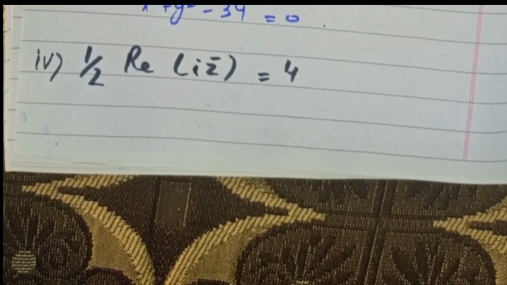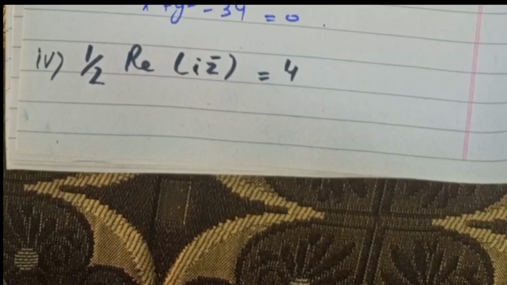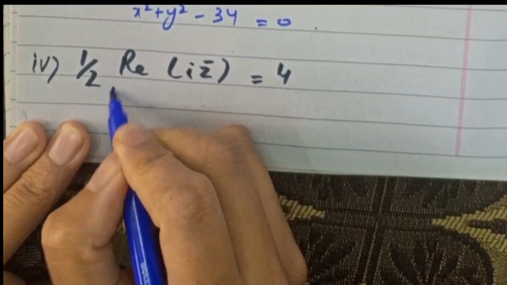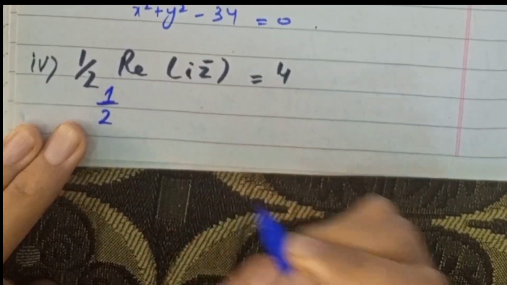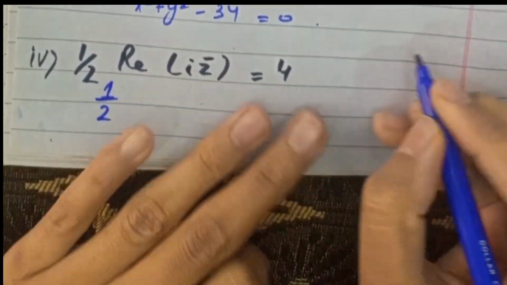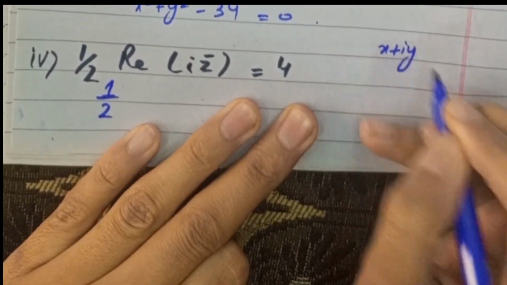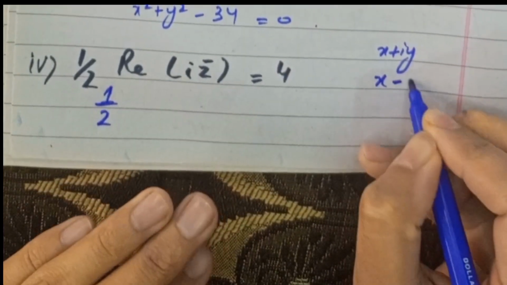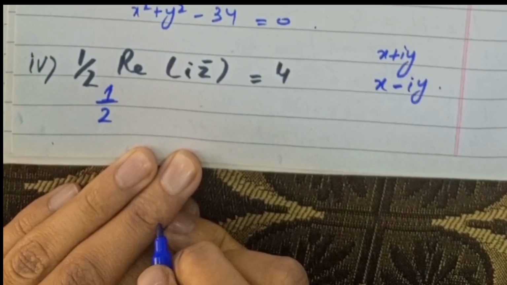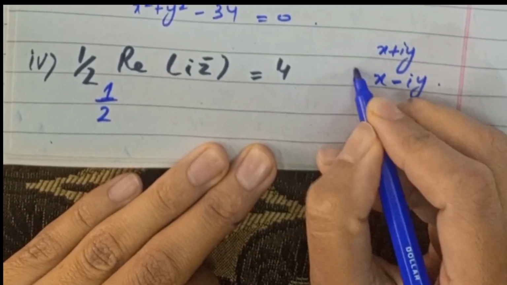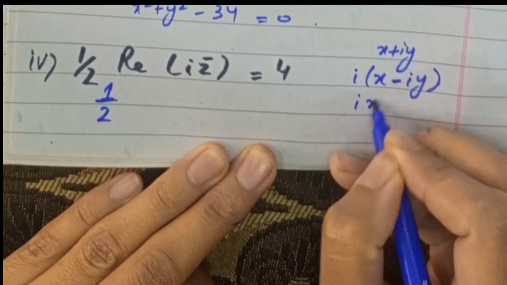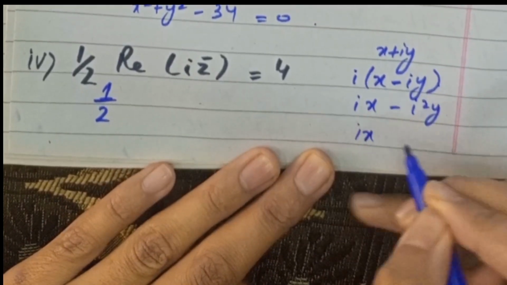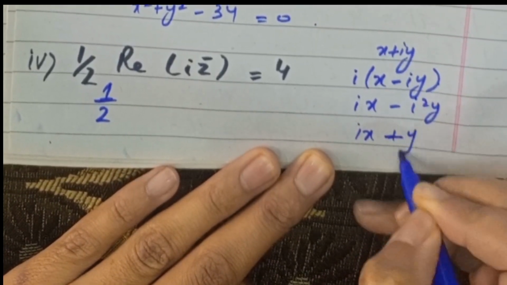Number fourth part is 1 by 2 of real part of iota z bar equals 4. For this, we need to check what z bar is. If x plus iota y is z, then z bar, z conjugate, will be x minus iota y. Now multiply iota with all this, then we will get iota x minus iota square y, that will be iota x plus y.